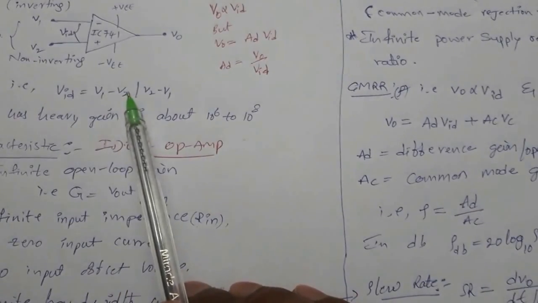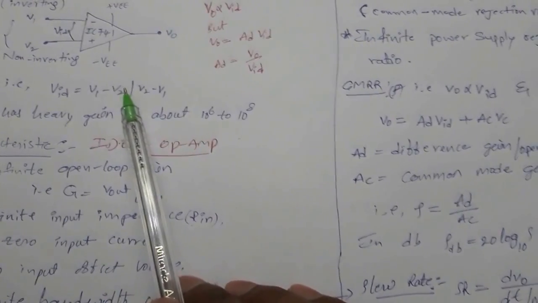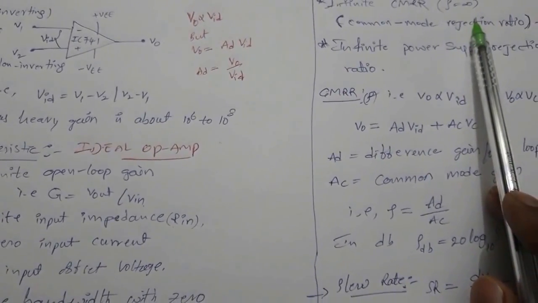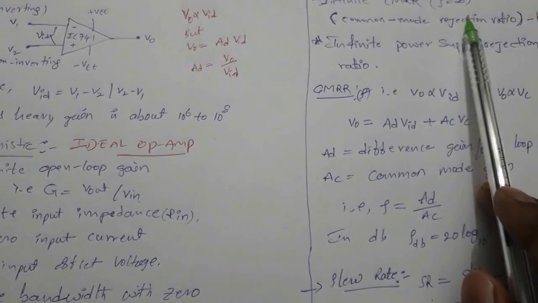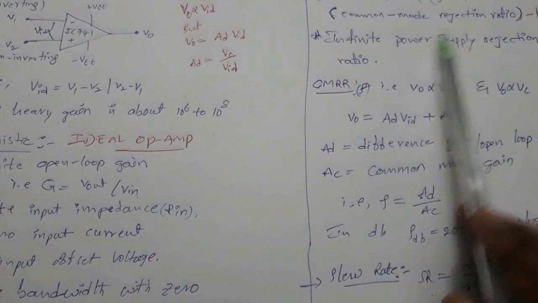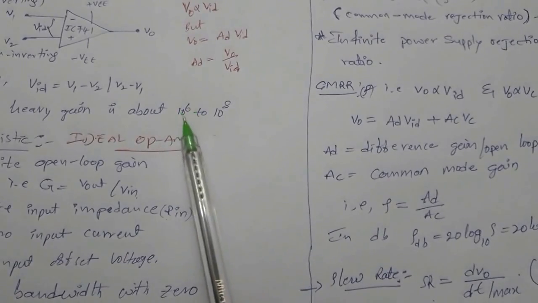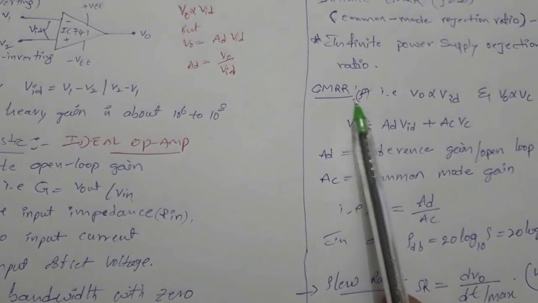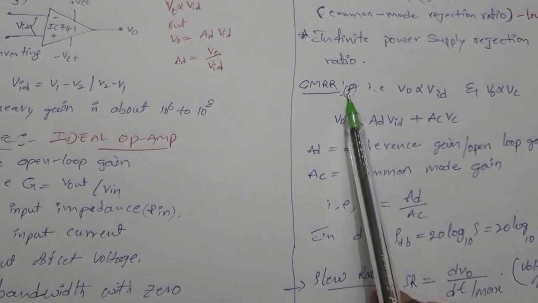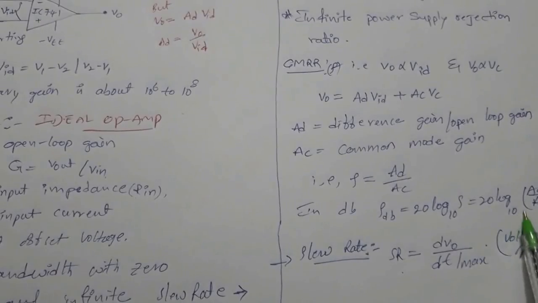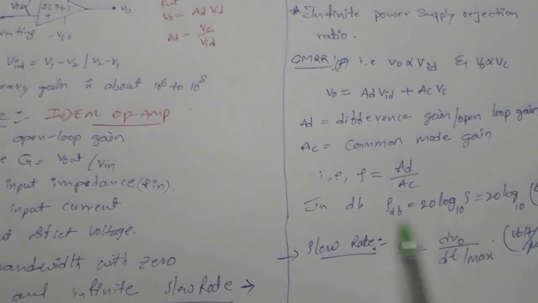So for an ideal op amp, rho is infinite, that is CMRR is infinite, a high CMRR. Practically we use a rho value of 10 power 6, and CMRR is also called the figure of merit, which is denoted with 20 log base 10 of AD by AC.